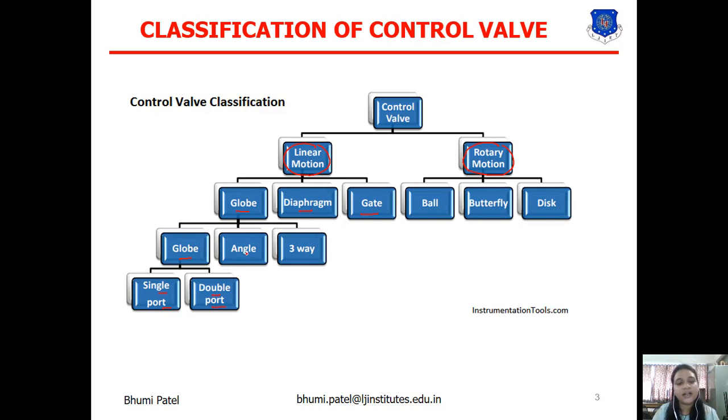For special requirements, the globe valve is classified as the angle valve, and the third subtype of globe valve is the three-way globe valve. Similarly, rotary motion control valves are classified into three types: ball valve, butterfly valve and disc valve. So this is the general classification of control valve.